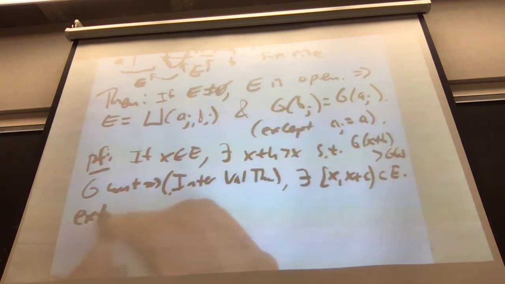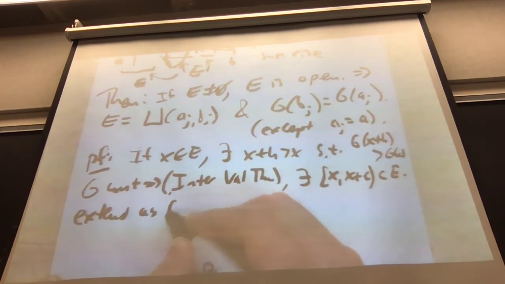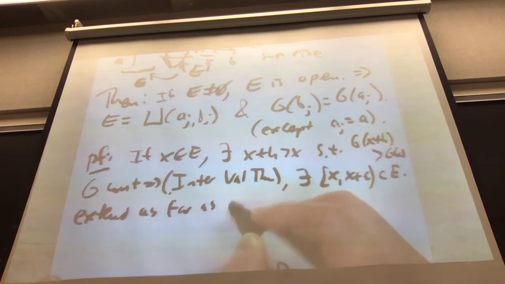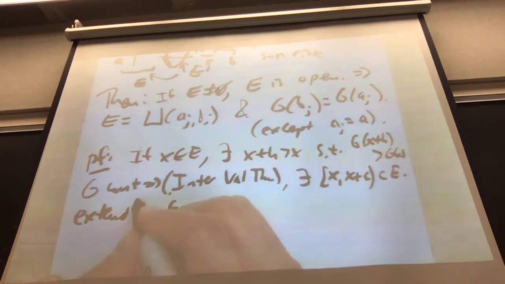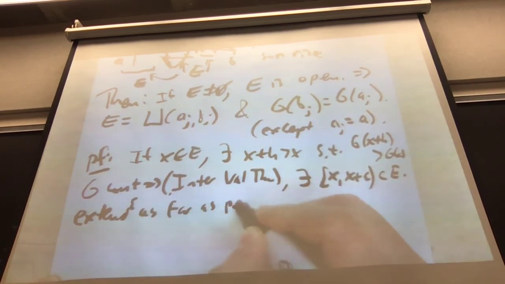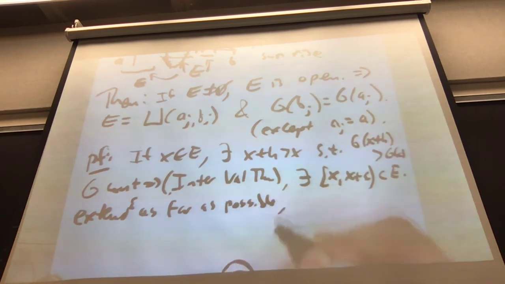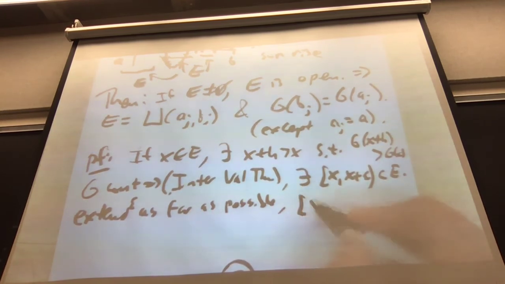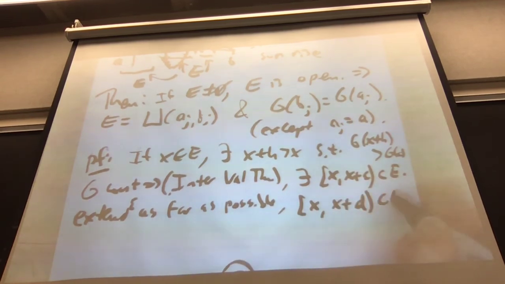Extend epsilon as far as possible. Take the union over all epsilon, the union of all of the epsilons for which this thing is in E. So then I get a set, let's call it x to x plus d, which is in E.